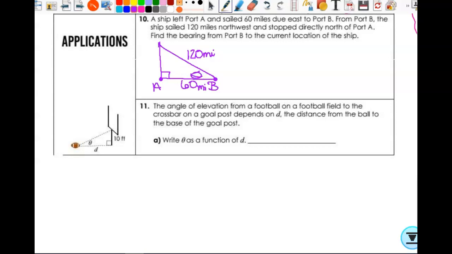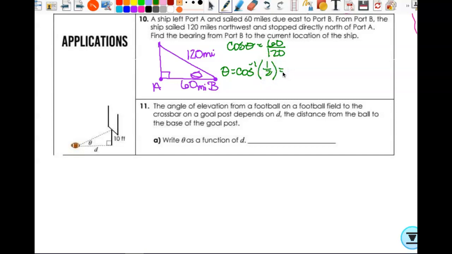What trig function would I use here? Sine, cosine, or tangent? Cosine. So the cosine of theta is equal to the adjacent, which is 60, over the hypotenuse, which is 120. Which means that theta is the cosine inverse of 1/2.